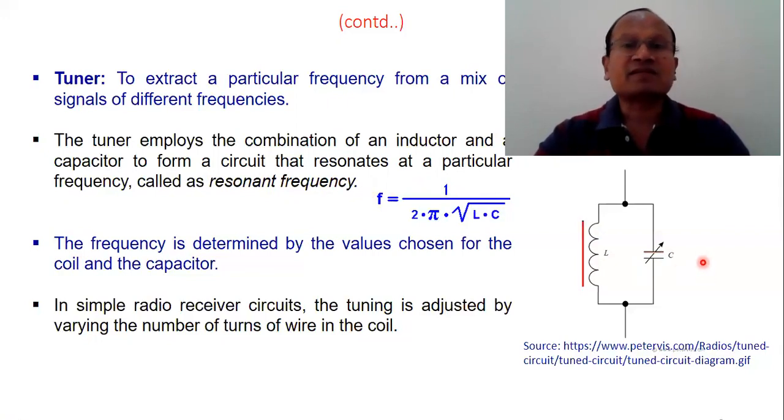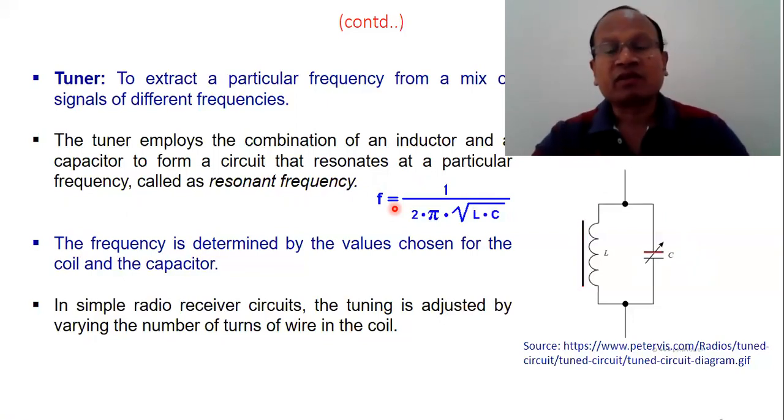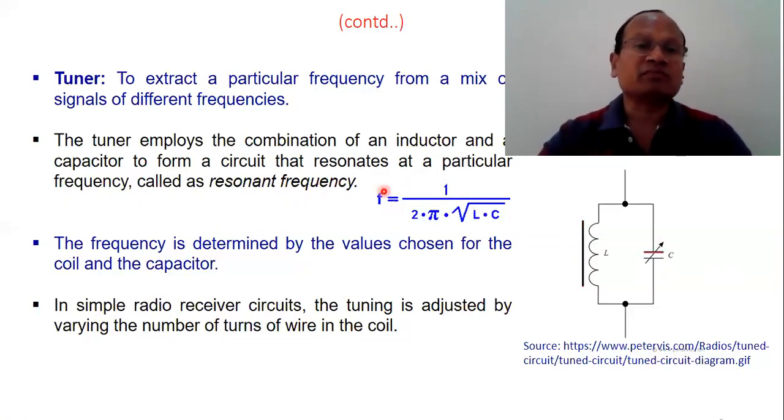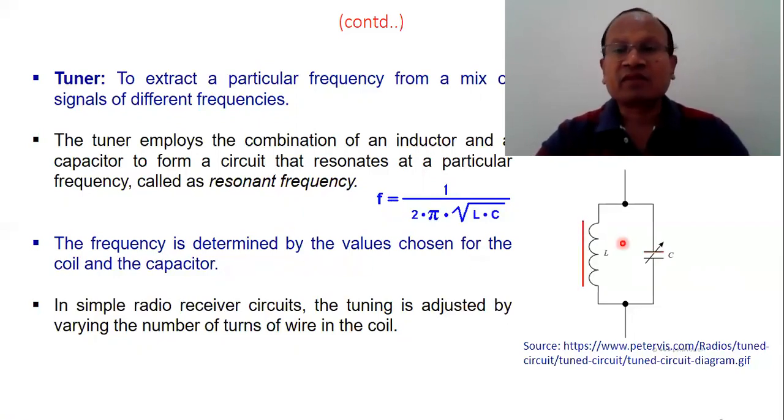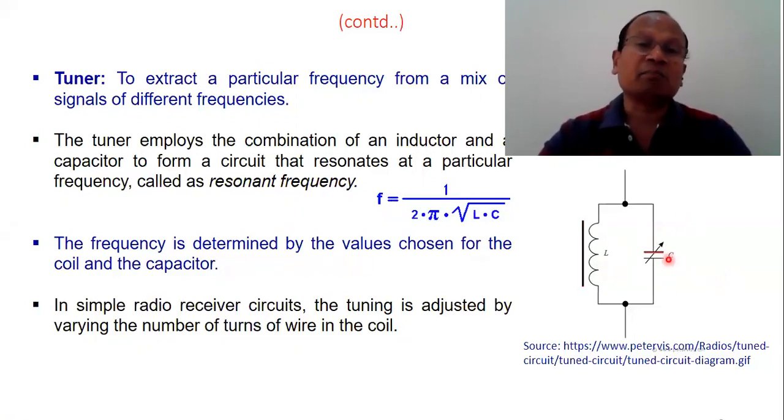So when we keep certain values of capacitor or inductor, we will get a definite value of resonant frequency. And once you tune at a certain frequency, only that frequency will be chosen and passed, and other frequencies will not be selected by the tuner. So the frequency is determined by these electrical components: the inductance and the capacitance.